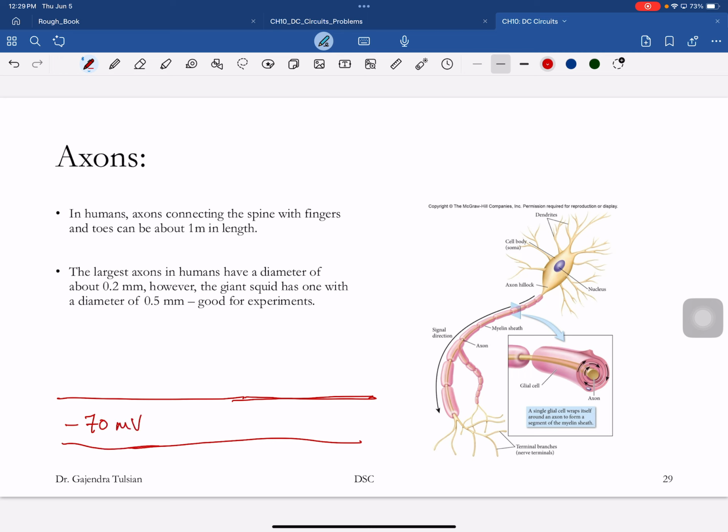So everywhere along this thing, it's minus 70 millivolts. And when a nerve impulse is traveling, it becomes positive, and that travels down the axon. We're going to talk about how that happens. That's a nerve impulse.